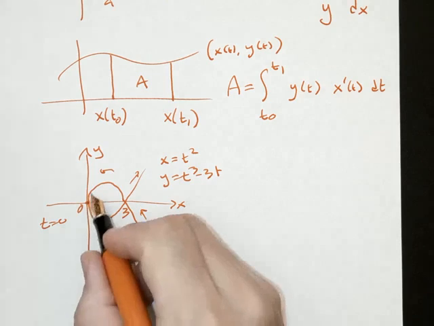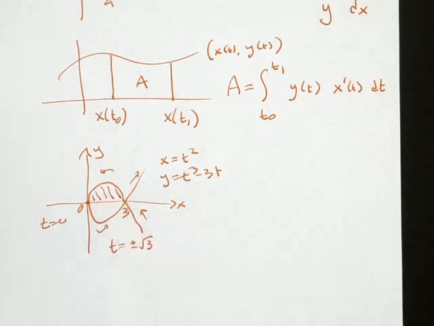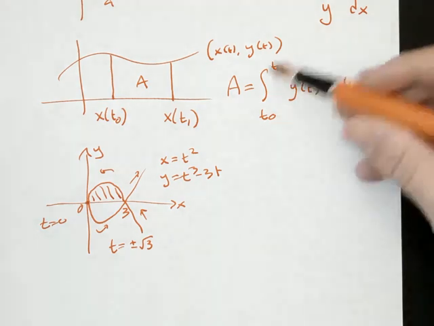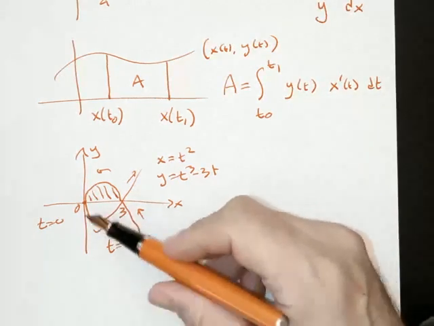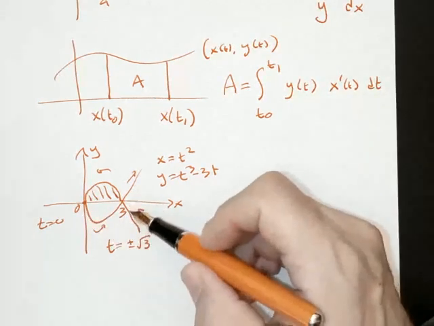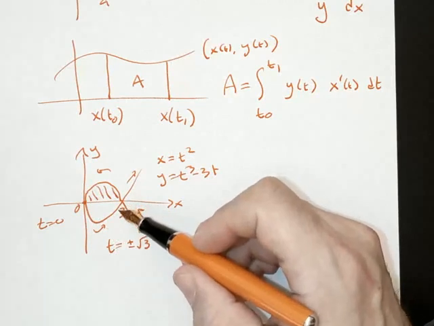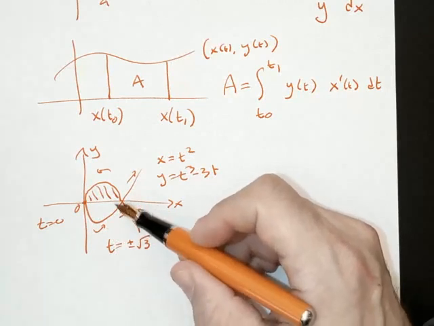So if I just want the upper half, what are the limits of my integral? Those would be x limits. I'm looking in t. That would give me the bottom half. When we hit this the first time, we hit it at negative root 3.